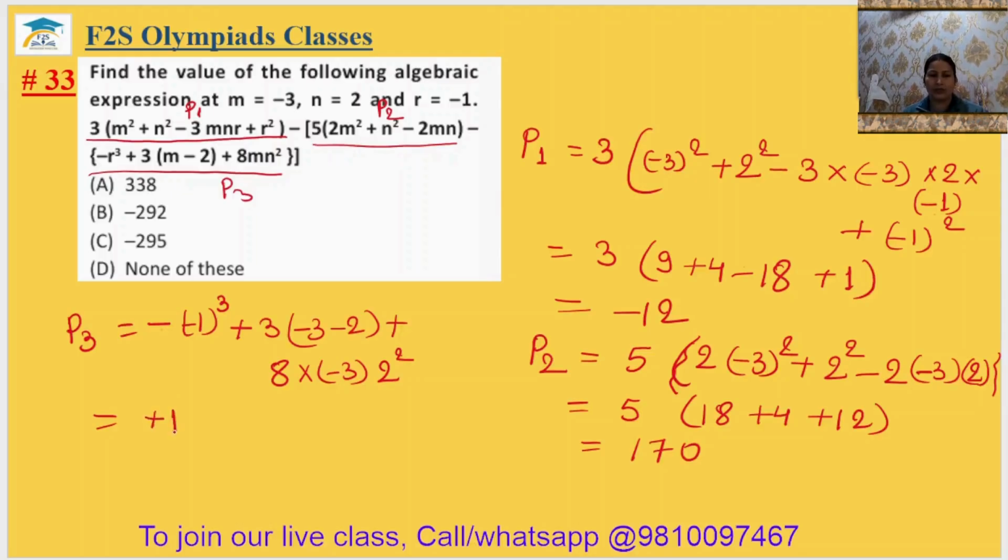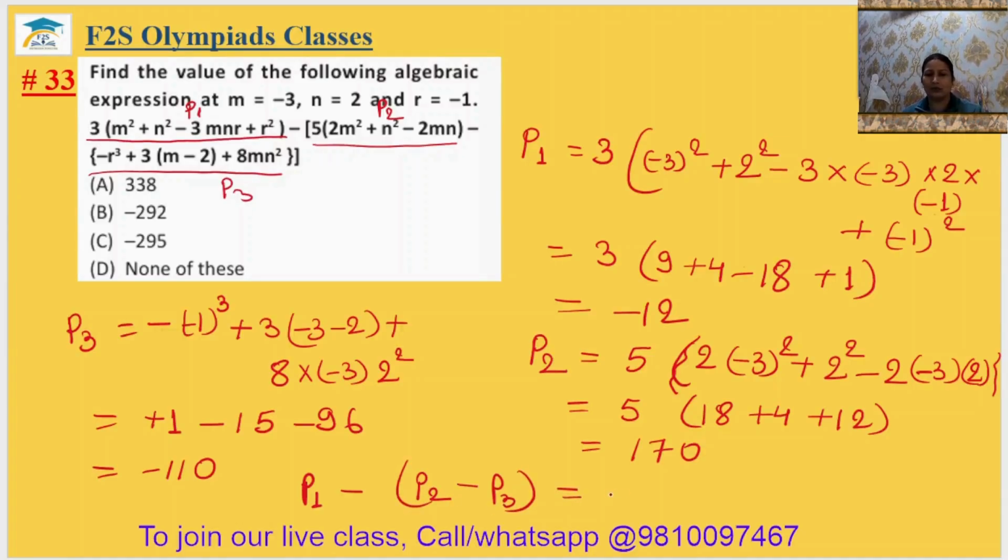It will be plus 1 minus 3 plus 2, 5 3s are 15 minus 96 equal to minus 110, okay. Now the final expression is part 1 minus part 2 minus part 3, okay.